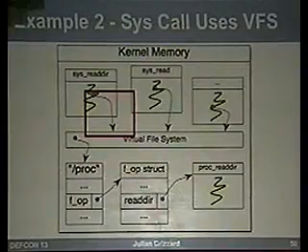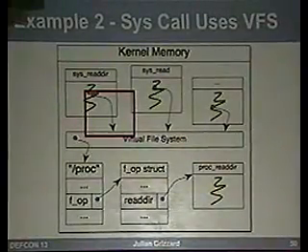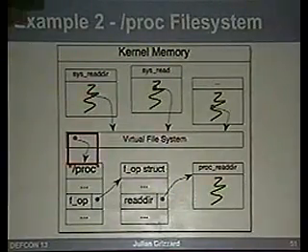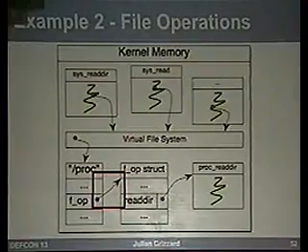In this example, I want to read the contents of the proc directory to see what processes are running on my system. So first, my program will issue a sys_readdir. That sys_readdir indexes into the virtual file system, and you've told it to open some directory in proc. So the virtual file system knows, based on the path you gave it, where it needs to go to service your request. For proc, that's a special file system. It indexes into its root structure, and there are a lot of pointers in that root structure.